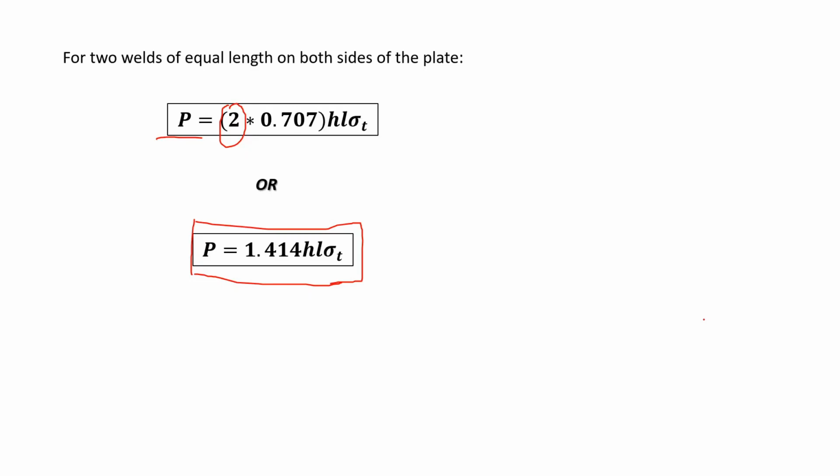But for the calculation purpose, you have to only consider the tensile stress. So your parallel fillet weld fails because of the shear stresses, and your transverse fillet weld fails because of the tensile stresses.